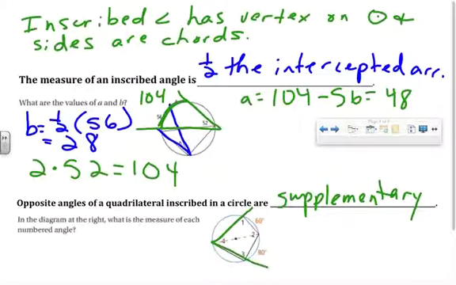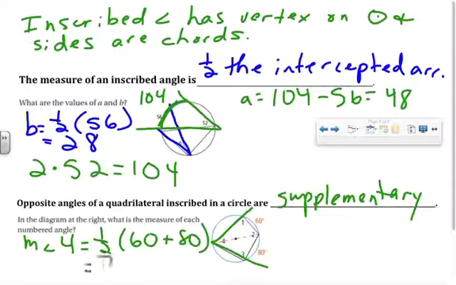It's arcs 60 and 80. So the measure of angle 4 is half of that 60 plus 80. So 60 plus 80 is 140. Half of that is 70.